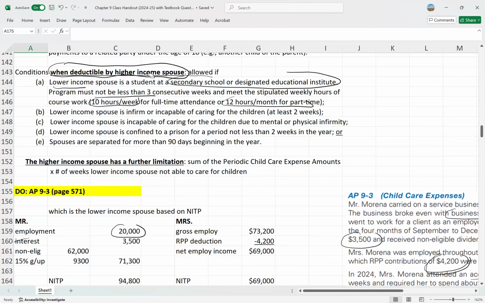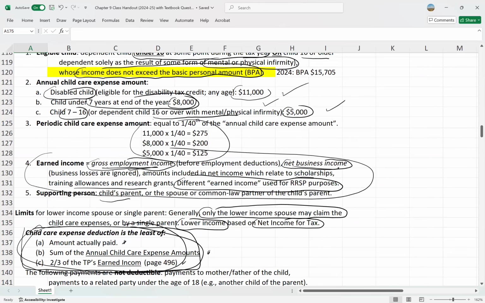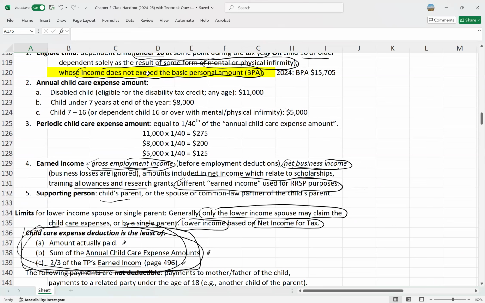The fourth limitation is the sum of the periodic amounts times the number of weeks the lower income spouse was not able to take care of the kids. So what are those periodic amounts? Well, the periodic amounts are 1/40th of the annual amount. So which annual amount are we looking at? We're looking at the 8,000 because the kids were 1 and 3. And so the periodic amount for 8,000, 1/40th, is going to be 200.